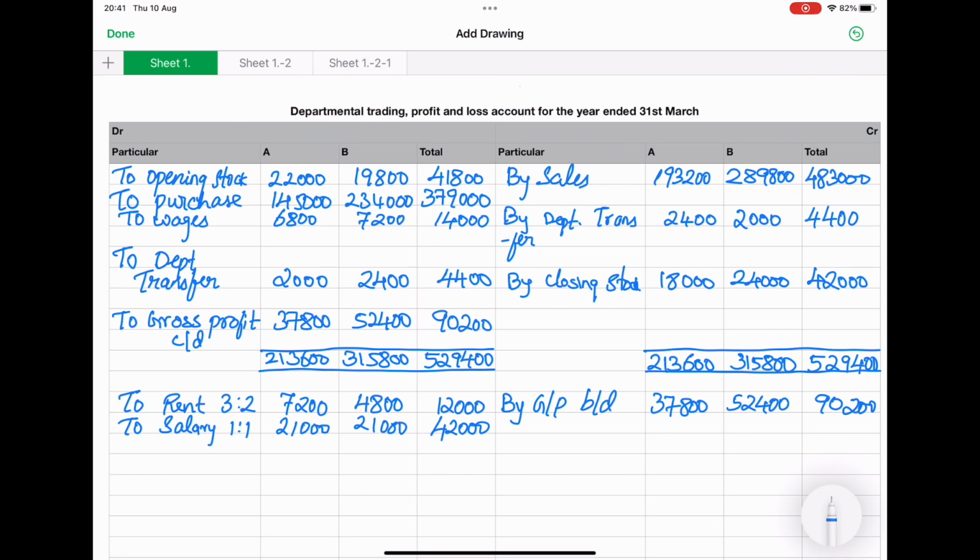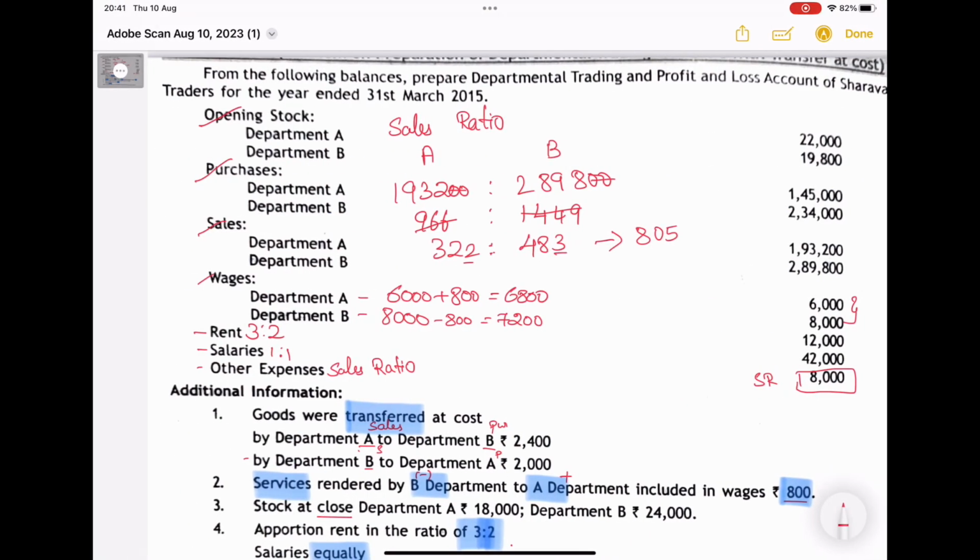Next, the last one, other expenses. How much other expenses have they given in the question? Look at the question, guys. Yes, other expenses total is 8,000. The ratio is already calculated in the question; see, the ratio they have given.